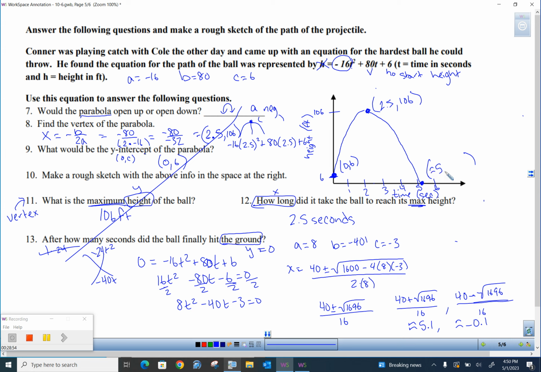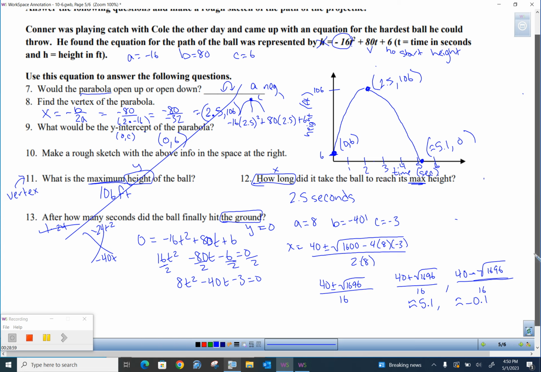It was about 5.10. So this one, it said after how many seconds did the ball finally hit the ground? The ball hit the ground after about 5.1 seconds.